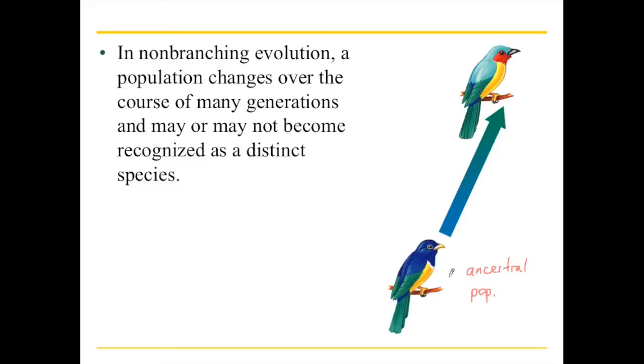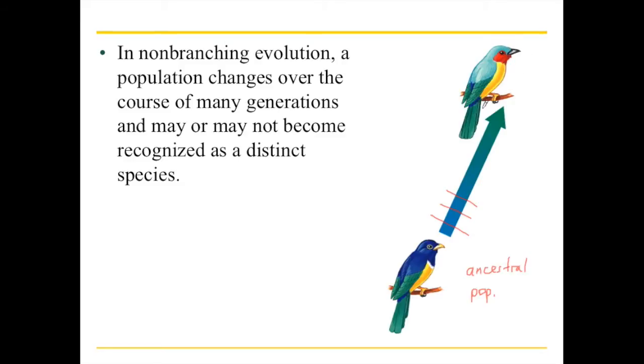And then things happen. Things happen here, things happen there, things happen here. Whatever happens along this trajectory creates a change in this ancestral population. And incrementally, with small little increments, driven by microevolution, you end up with something that is distinct.